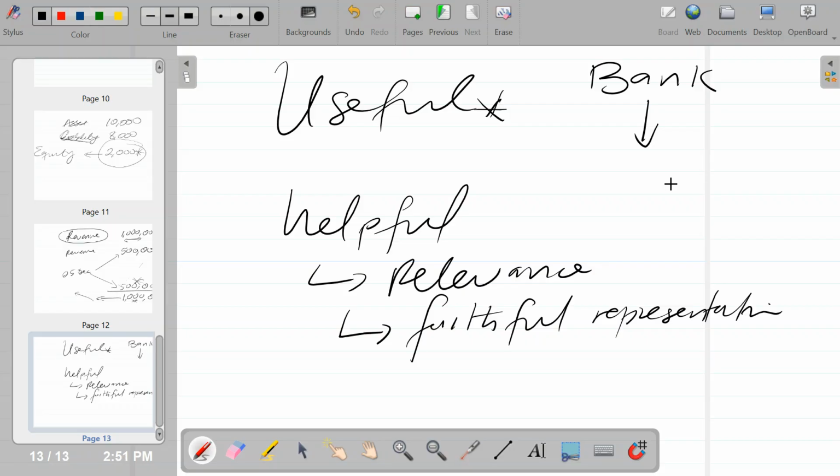And they will check whether you have collateral to back the loan. In case you are not able to pay, what can they use to get back their money? So these are some of the things they will look out for.